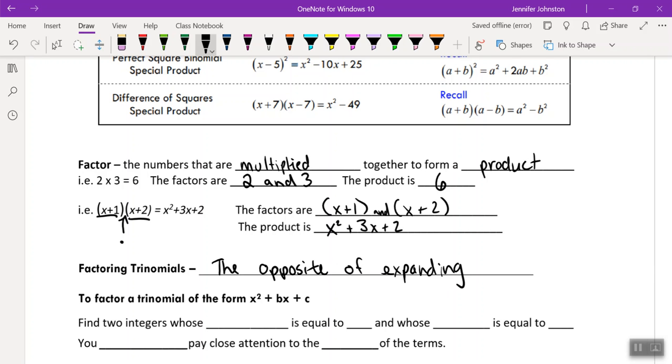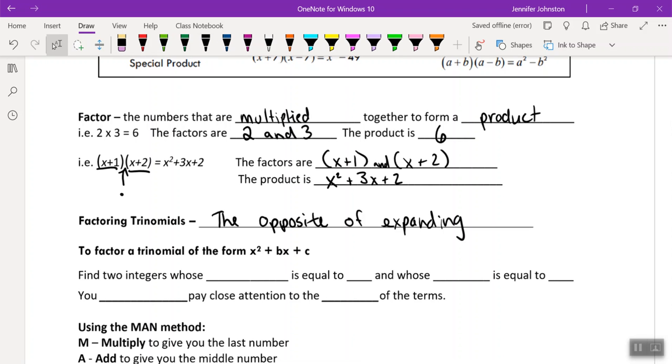To factor a trinomial of the form x squared plus bx plus c, we need to find two integers whose product, that means to multiply, is equal to c, and whose sum, or it could be difference, so to add or subtract, is equal to b.